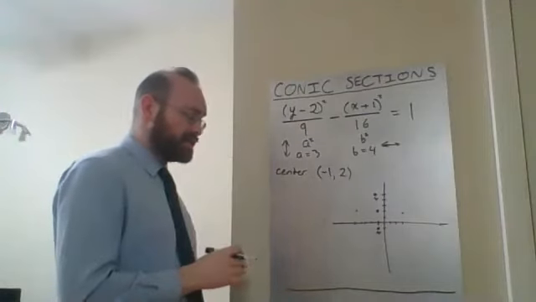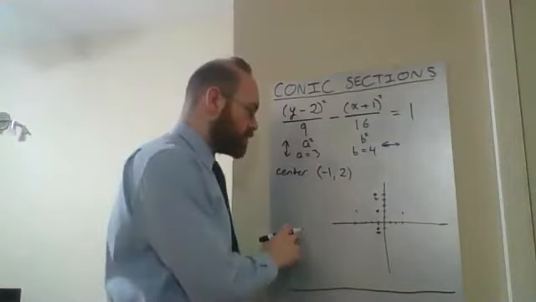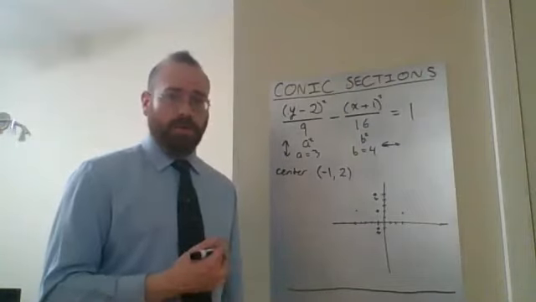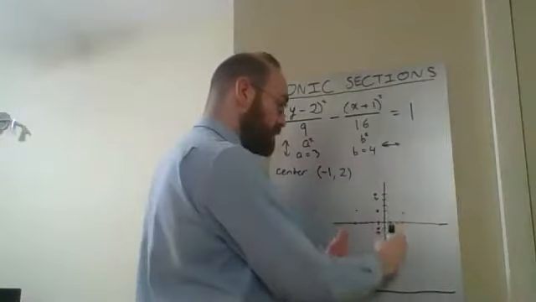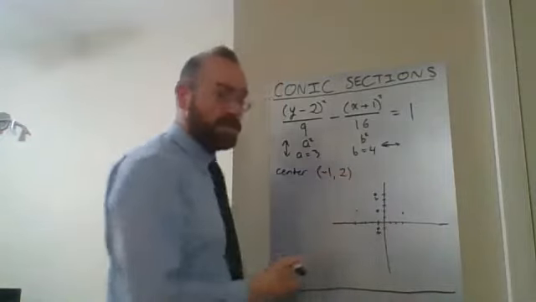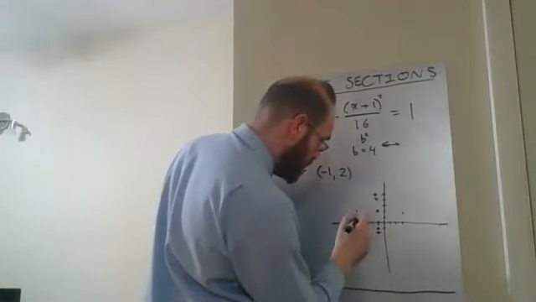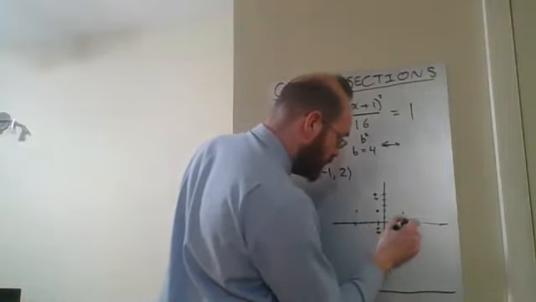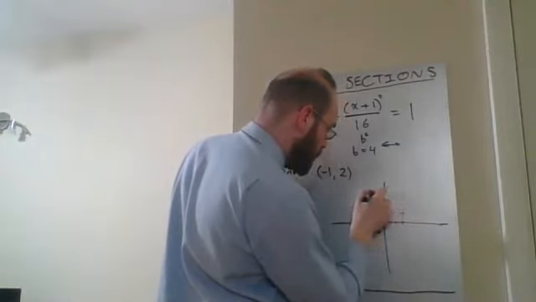What we're going to do next, and this is where I really wish the other color markers would show up on the video, because the graph can look pretty busy. What we're going to do is construct a box whose left and right sides are over here, going through the nodes. The bottom and top go through the vertices. So as lightly as I can, I'm just going to use a dotted line to make this box.